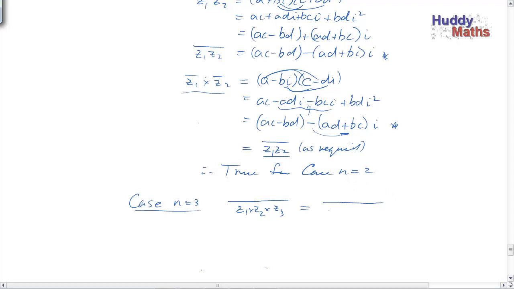So let's call this Z1 by Z2, that's one complex number by the other, and we can say therefore it's the conjugate of that product, that one by this one. So you're allowed to split two complex numbers, that's case n equals 2, which we have established.